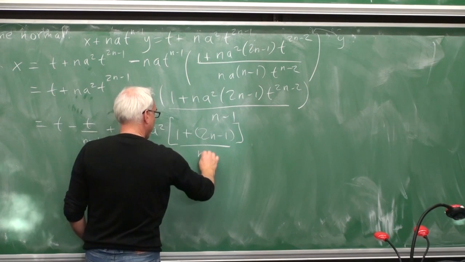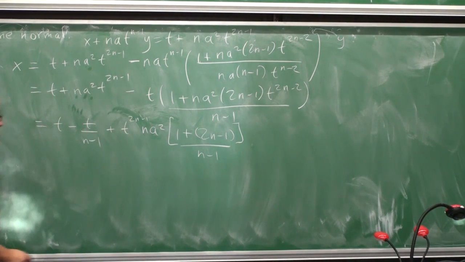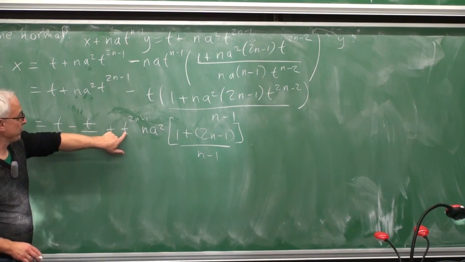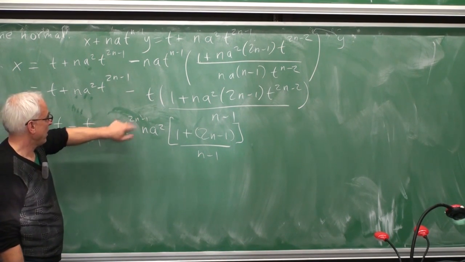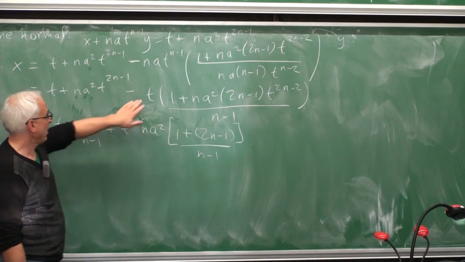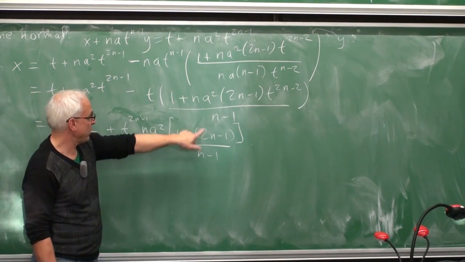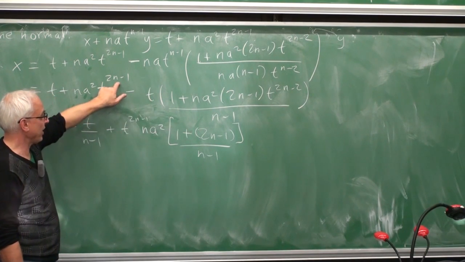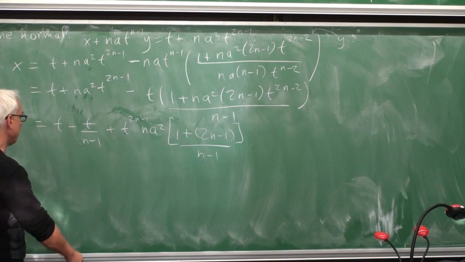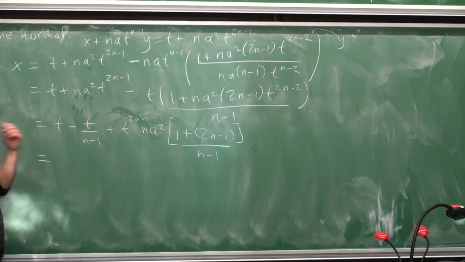All divided by n minus 1. Do you buy that? n a squared t to the 2n minus 1. I've multiplied the t times that 1 already and brought that out. Now it's just t times this, so the t to the 2n minus 1 is exactly the same thing as this one here. Okay, looks reasonable.